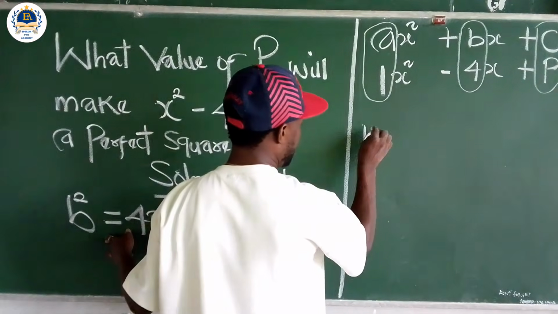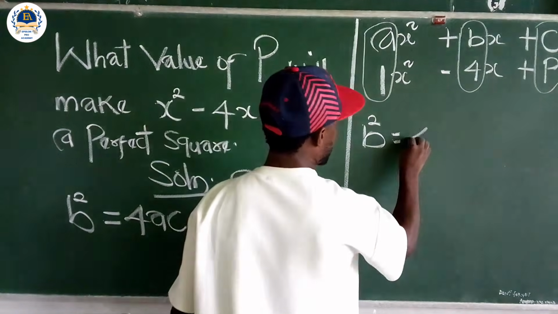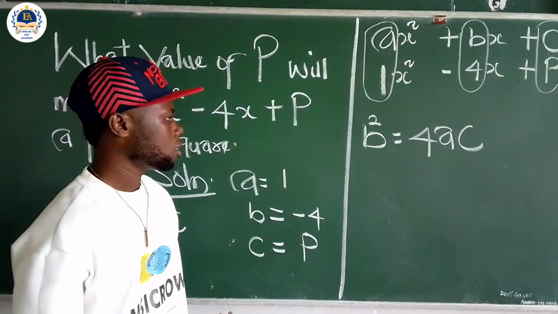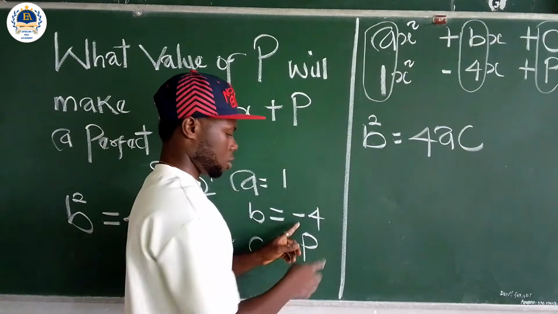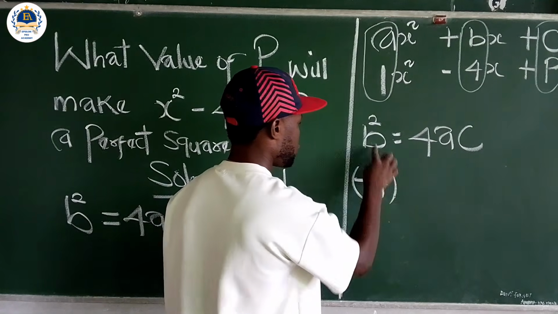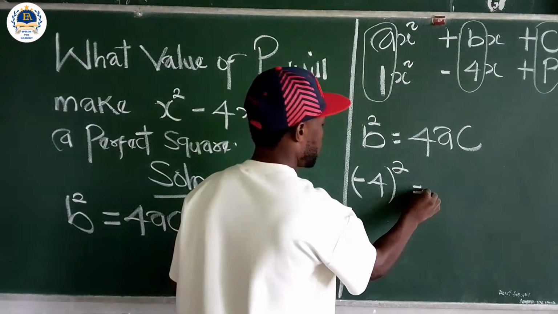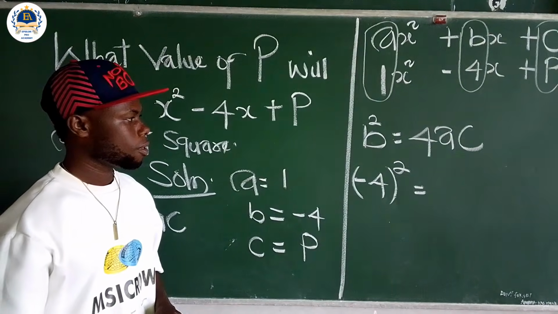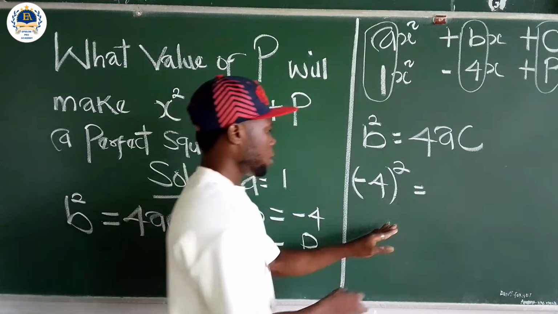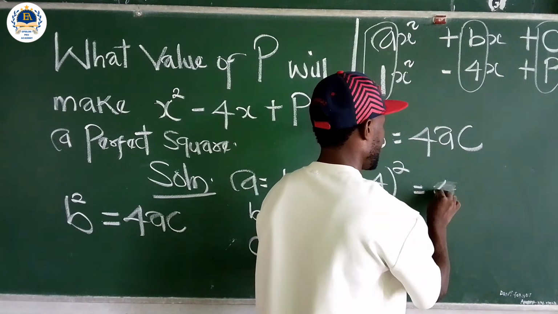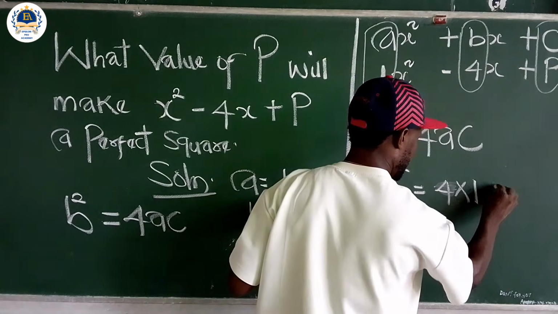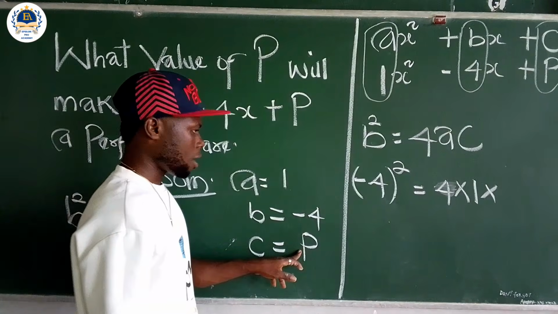And the equation is b squared must equal 4ac for a perfect square to be attained. The value of b is given as minus 4 raised to the power of 2, b squared is equal to 4 times a times c. 4 times a is 1, times c, and c is p.